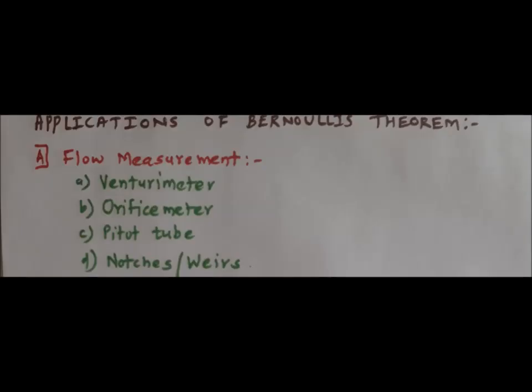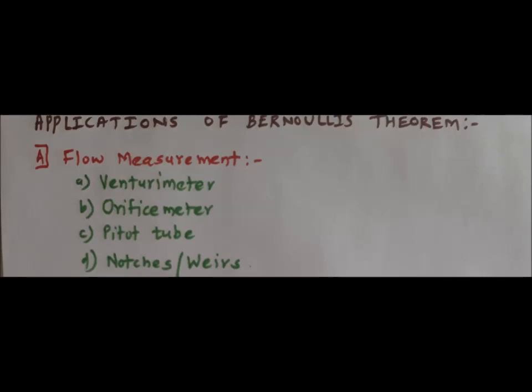For measuring internal and external flow, where internal flow means the flow through pipes or ducts, and external flow means the flow through canals or rivers, or open channel flow, we can easily apply Bernoulli's theorem, and it plays a very good role.